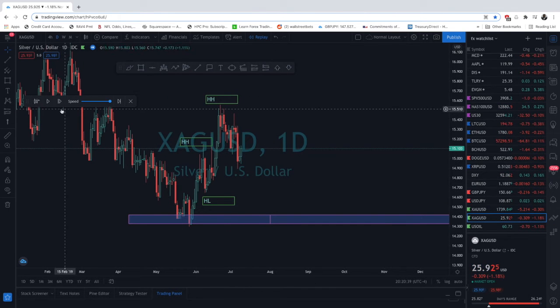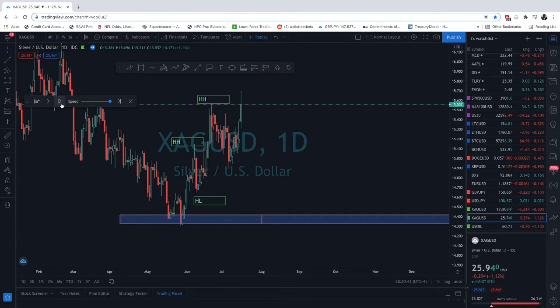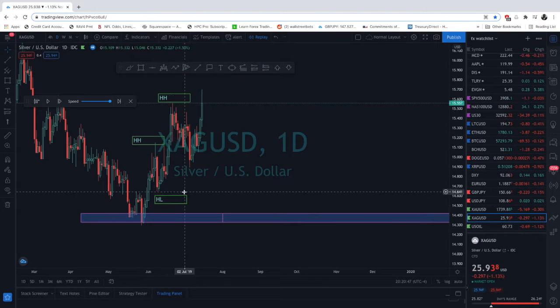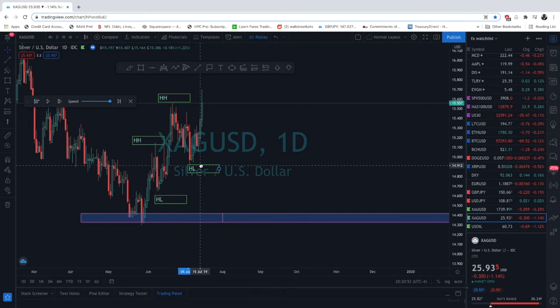Look, it's formed the higher low right now, as you can see. Alright, so that's gonna be a higher low.